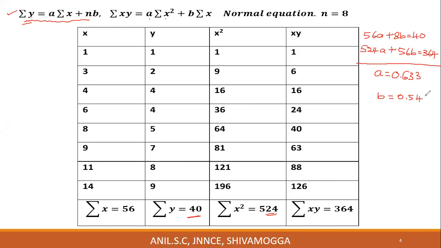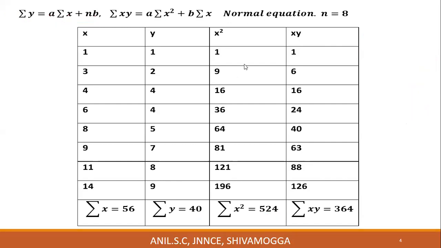Again 54. Okay. This can be approximated to 0.55, or no problem if you keep it 0.54. A is equal to 0.633 and B is equal to 0.55. These are the values of A and B.